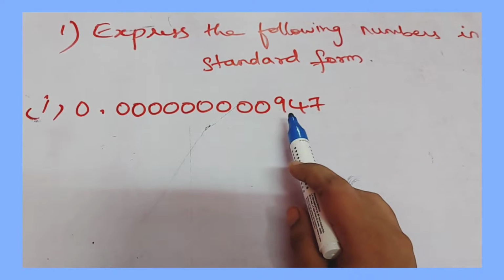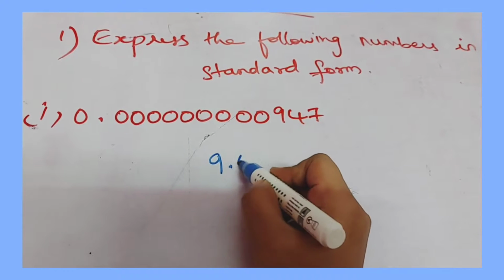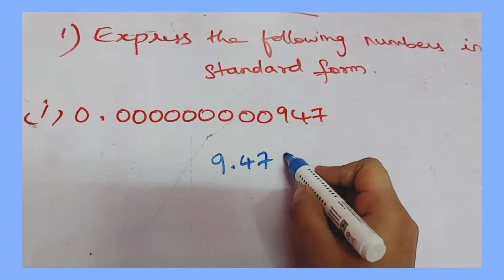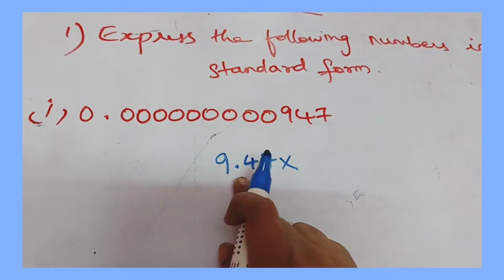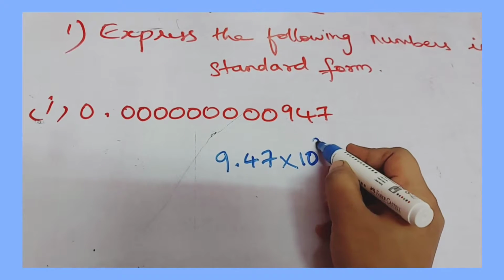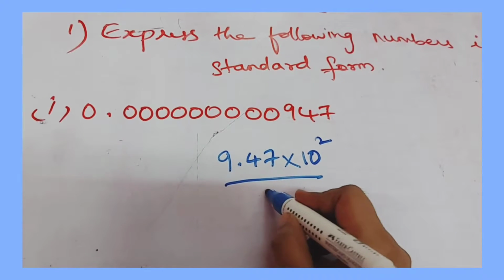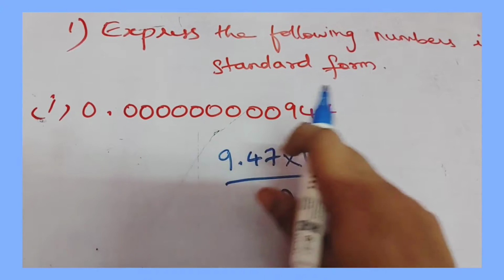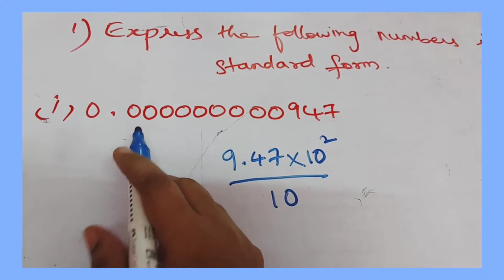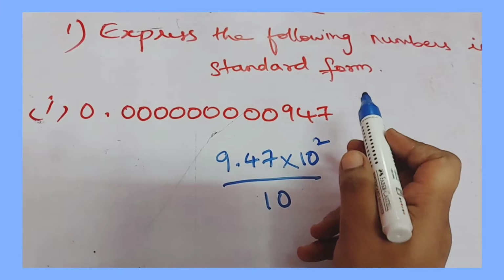So what you have to do, I told you, after one number you have to take the point. It is 9.47 into, then after the point how many numbers are there? 2 numbers are there. Then you have to take 10 to the power of 2, by 10 to the power of, now you have to count all the numbers after the point. 1 2 3 4 5 6 7 8 9 10 11 12. 12 numbers are there.